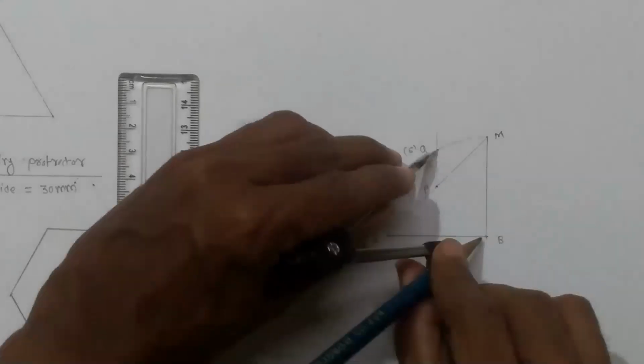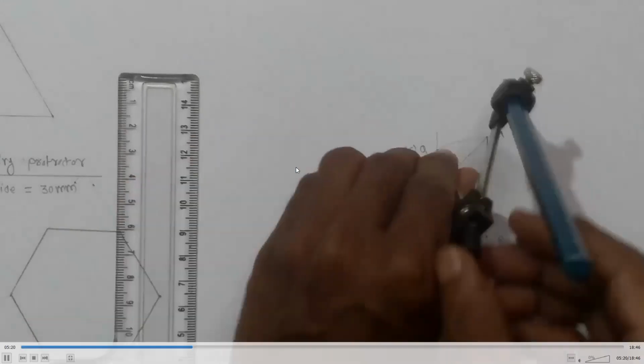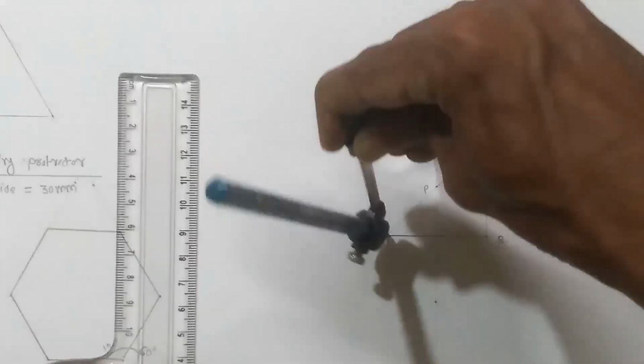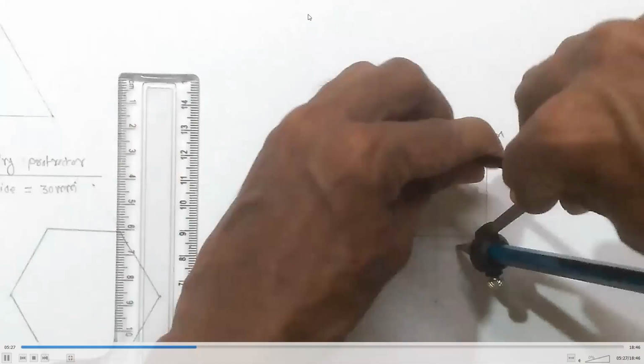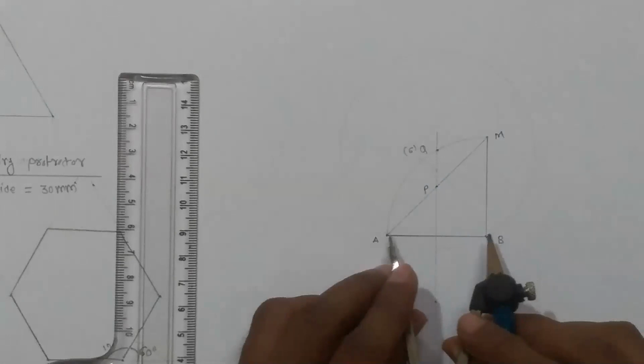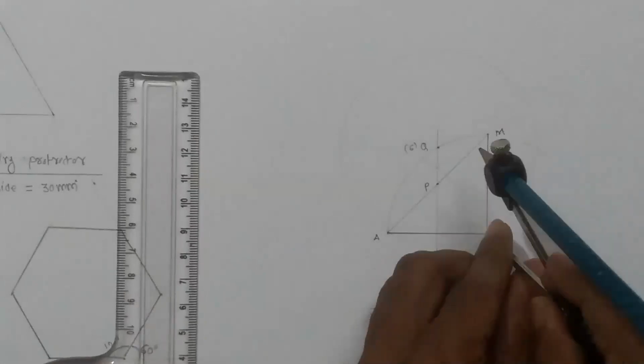So in the compass, take Q as a center, take the radius that is equal to QB, and draw the circle. Now take the distance AB and just cut the arc on the circumference of that circle.